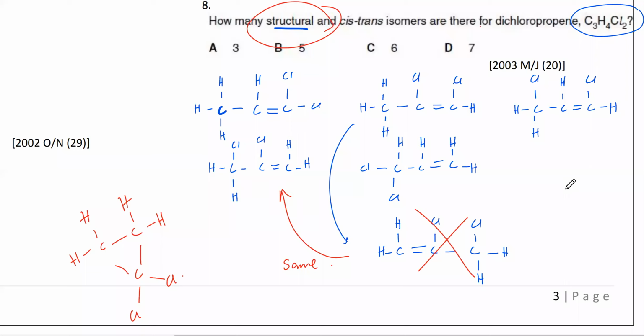But I think the question should have been more clear about this. What it implies is that every molecule that you draw must be a dichloropropene.